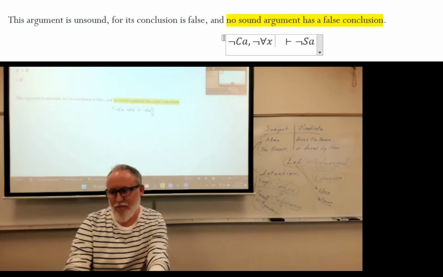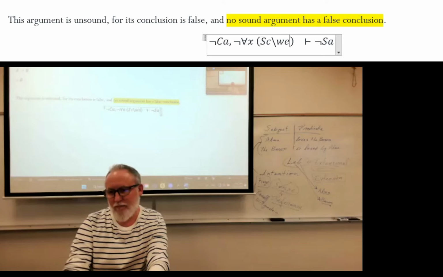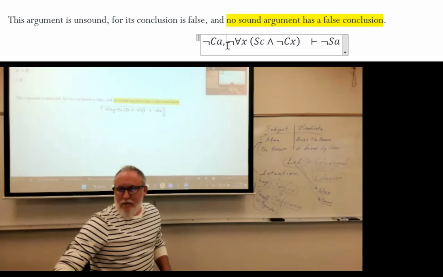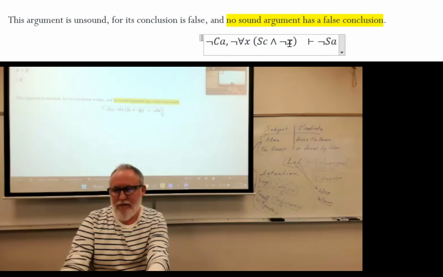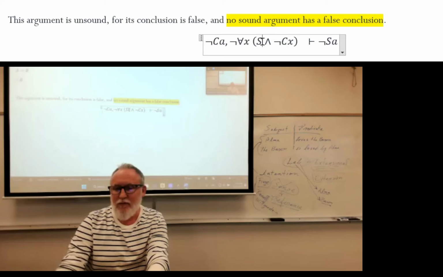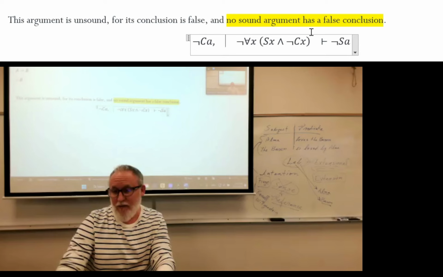Universal X, parenthesis SX conjunction not CX, close parenthesis. SX. No, that one's CX, but on the left. X, yeah. And then the other option is just to make that an existential, and not a negated existential instead.